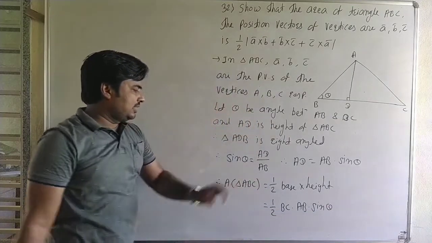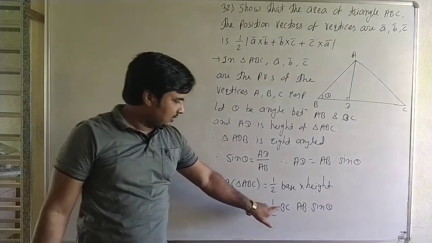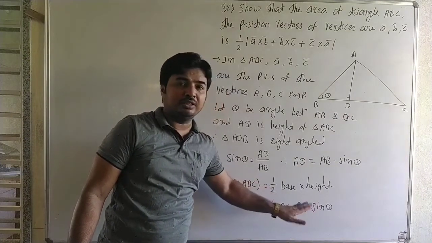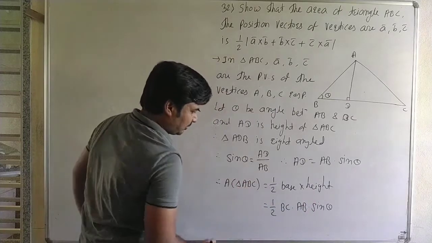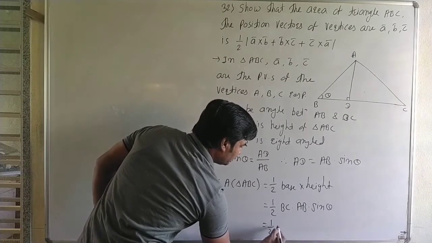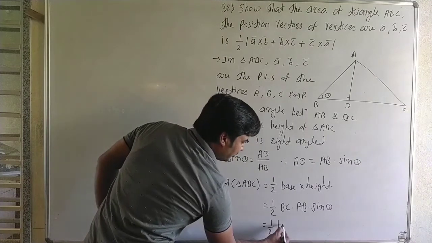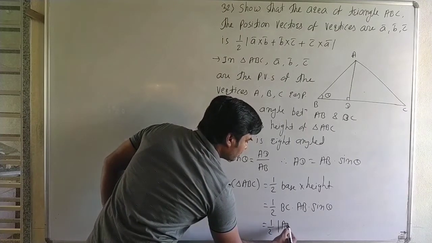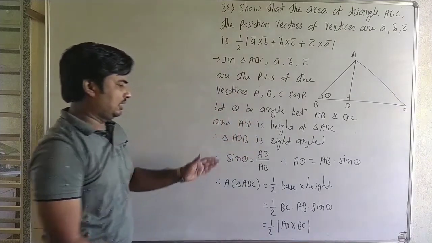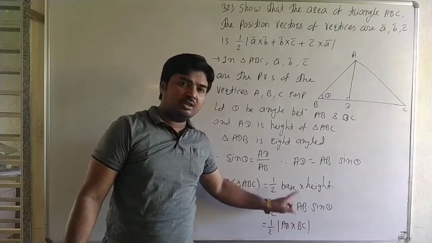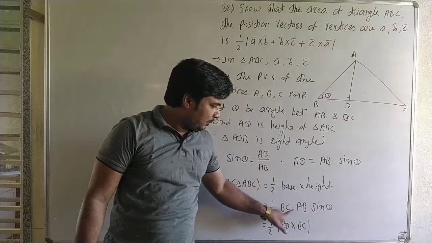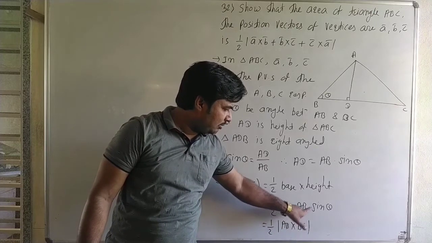See carefully, 1/2 BC AB sin theta is 1/2 magnitude of AB cross BC, or BC cross AB. It is a magnitude.